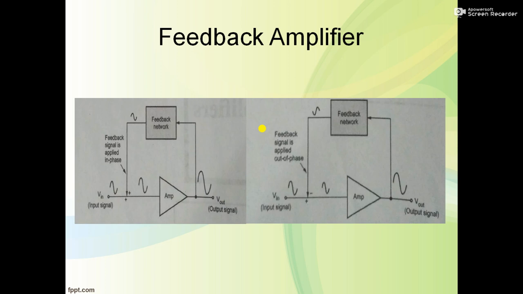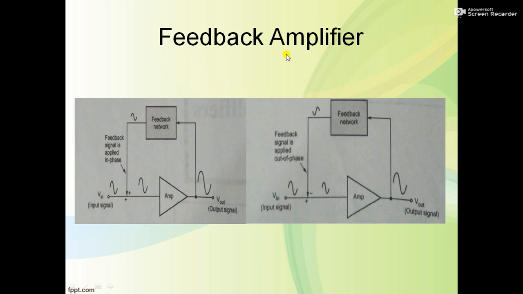The most important thing is we can increase the range of the amplification process. These are some advantages of the feedback technique. For these reasons, we are using the feedback technique in the amplifier circuit.